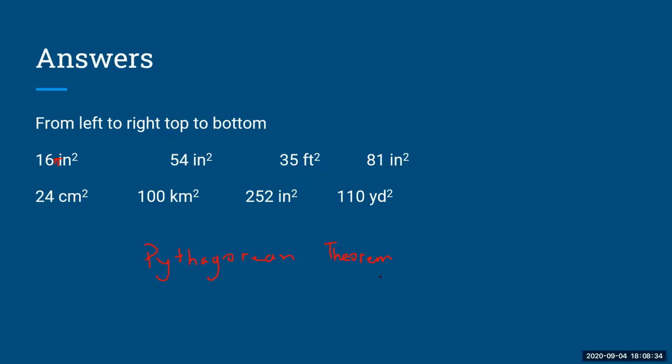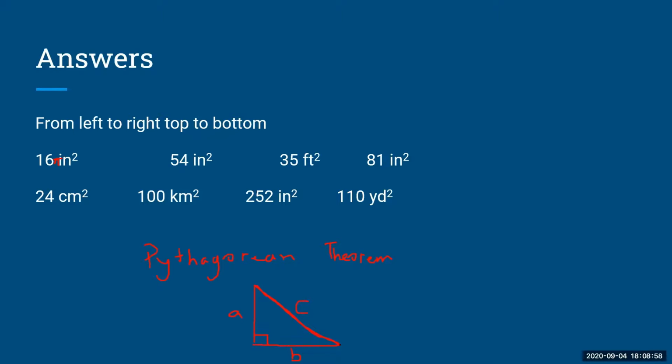So the Pythagorean theorem is one of the most fundamental theorems. It's basically a rule of trigonometry, which is the study of triangles. And basically what it says, if you have a right triangle, right? You have leg A, leg B, and this slanted side is called the hypotenuse.